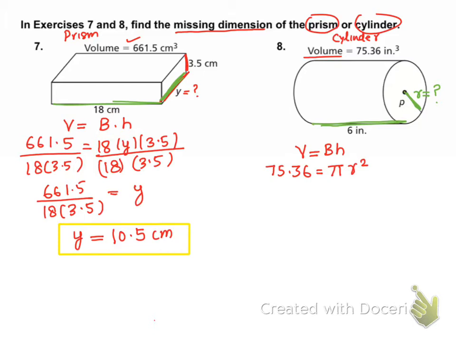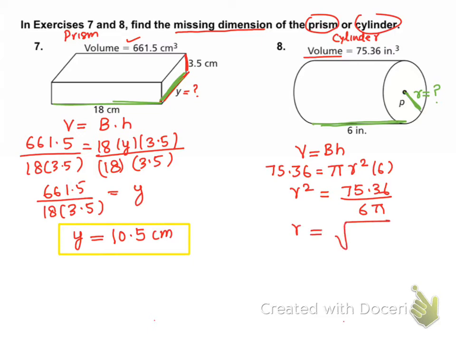No need to worry. And height is 6. Now I need to find R. I am supposed to solve it for R. So let's divide both sides by 6 pi. When I divide both sides by 6 pi, R square is 75.36 over 6 pi. But we're not finding the value of R square. We're supposed to find R. So let's take the square root of both sides.